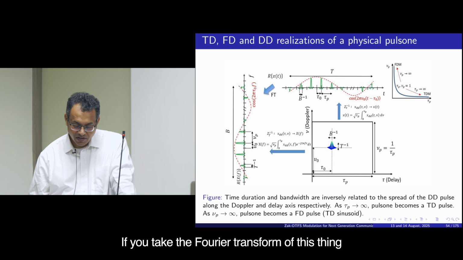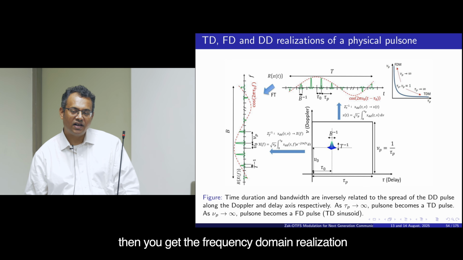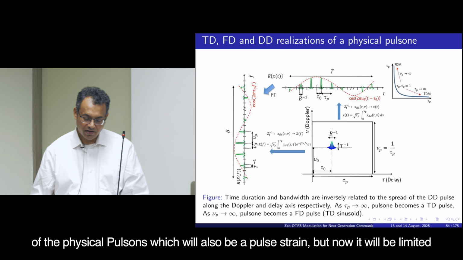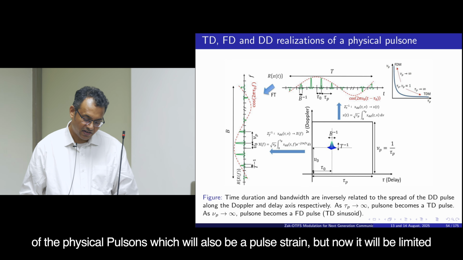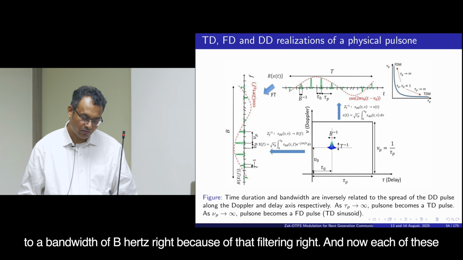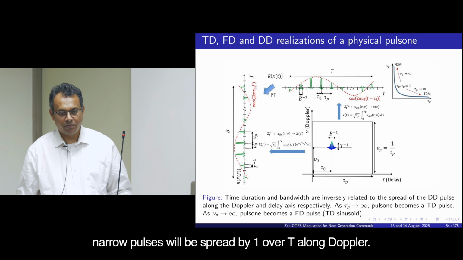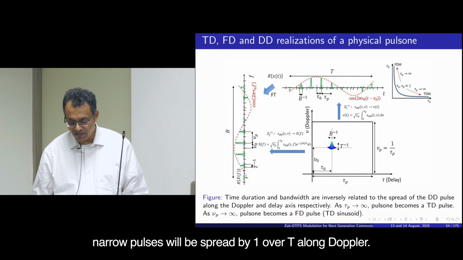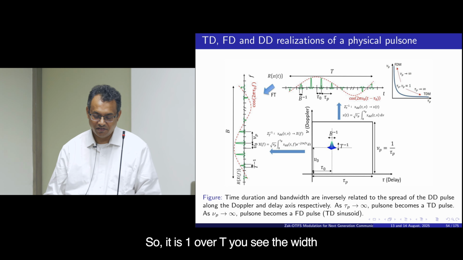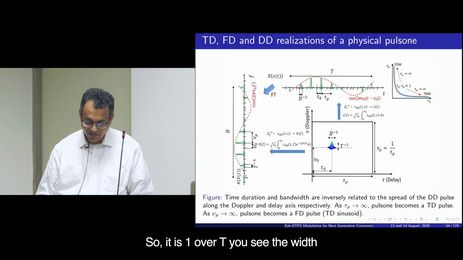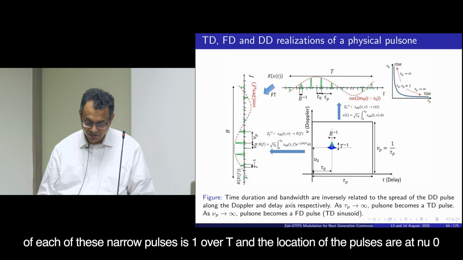If you take the Fourier transform of this, then you get the frequency domain realization of the physical pulse-on, which will also be a pulse train, but now it will be limited to a bandwidth of B hertz because of that filtering. And now each of these narrow pulses will be spread by 1 over T along Doppler. So, you see the width of each of these narrow pulses is 1 over T.